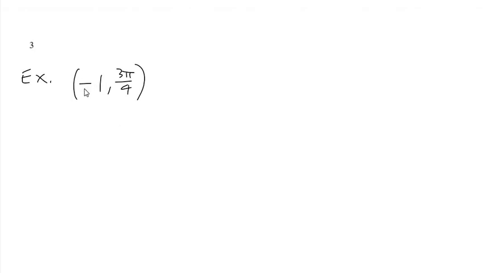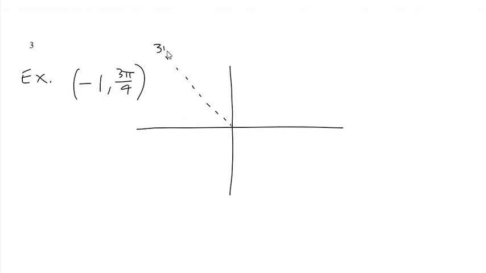All right, so remember, what does a negative radius mean? The angle here is 3 pi over 4, so that's going off this way, just like in the first example. But the negative radius means that instead of going out in the 3 pi over 4 direction, we go off in the opposite direction.